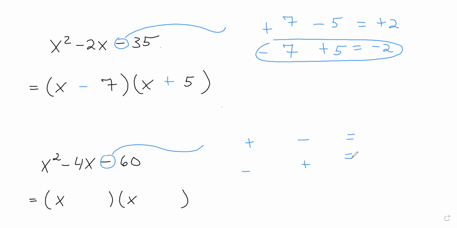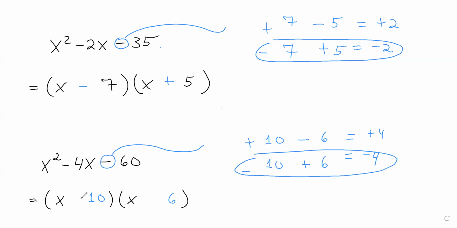The numbers I'm thinking of using were 10 and 6. Let's insert those between our signs. So the first combination of signs would give a positive 4, whereas the second combination of signs, -10 plus 6, would give -4, which is the middle term of the given problem. So it must be a minus in front of the 10 and a plus in front of the 6. So that's how you can get your signs correct when factoring.